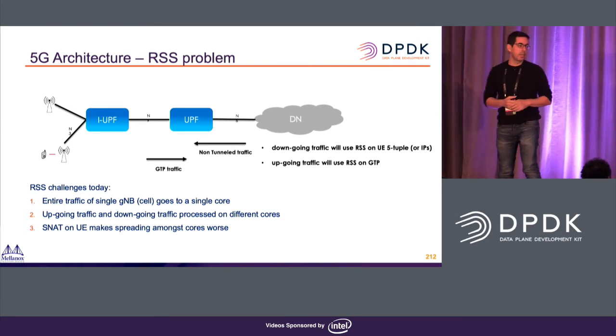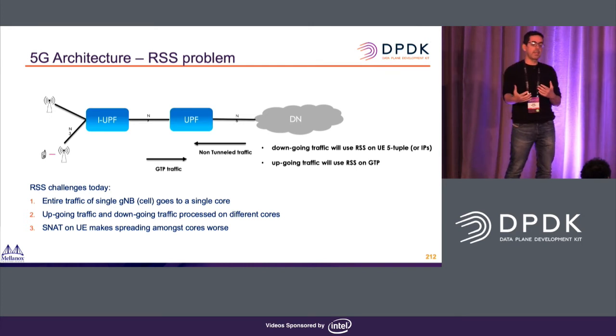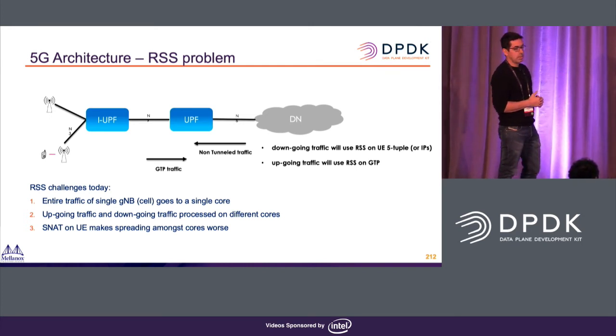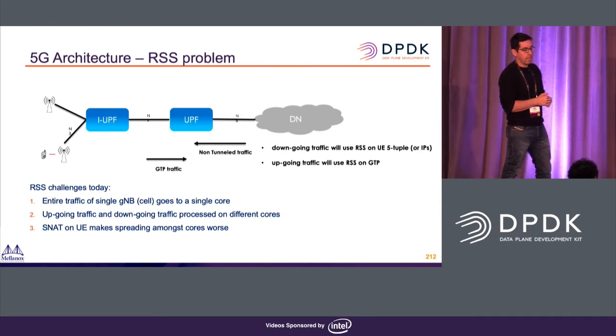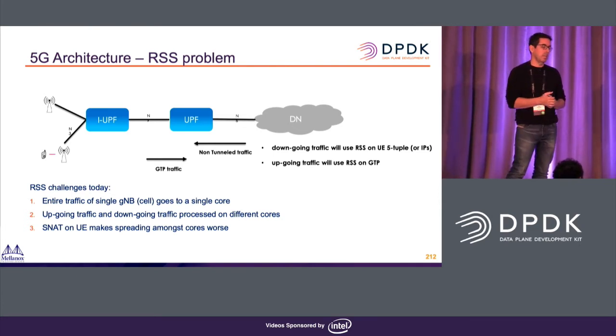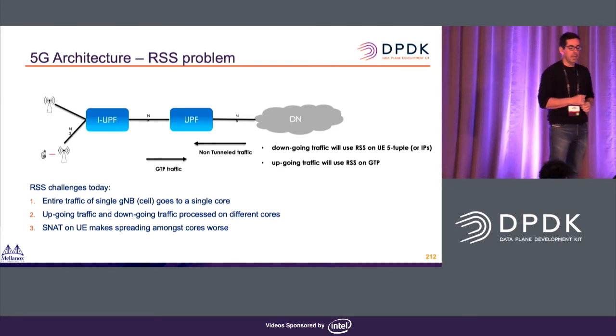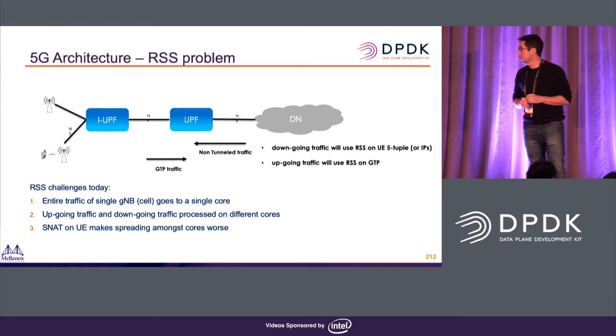From one side, the packets coming from the data network to the RAN are not tunneled. You have just a packet. Probably the destination IP is a NAT IP. You have to change it, but we'll get to that later. The other traffic that is going to the data network is tunneled.